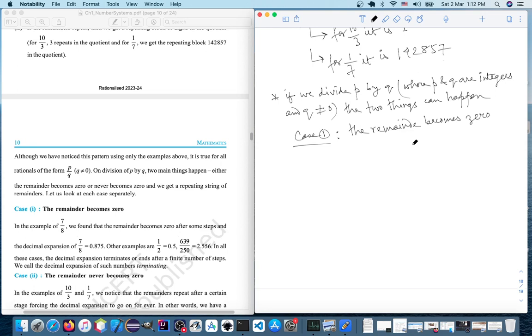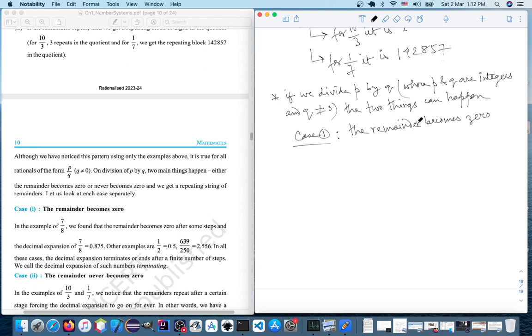Other examples are half is 0.5, or 639 by 250 is 2.556. In all these cases, the decimal expansion terminates or ends after a finite number of steps. We call the decimal expansion of such numbers terminating.